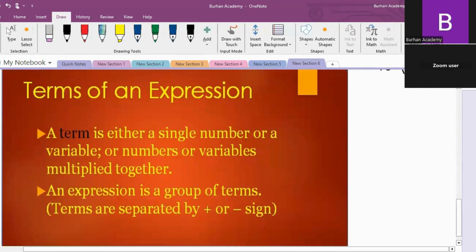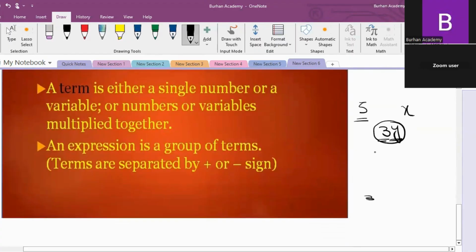Now, a term is either a single number, or a variable, or numbers and variables multiplied together. For example, a number is a term, a variable is a single term. It can be written as 3, or as 3y, a constant multiplied by a variable. Terms are separated by plus or minus sign.